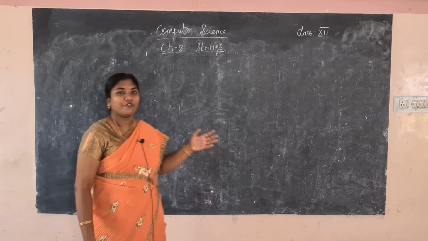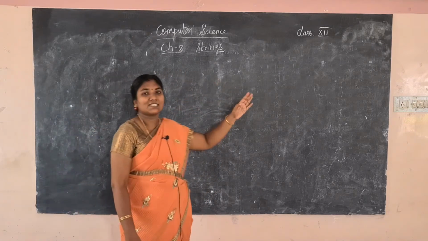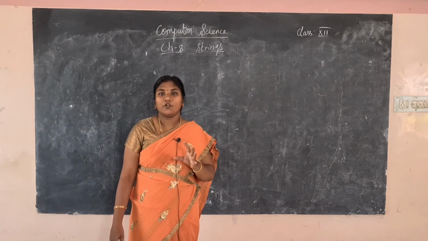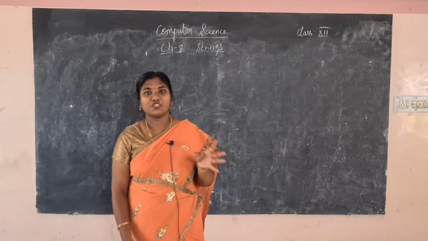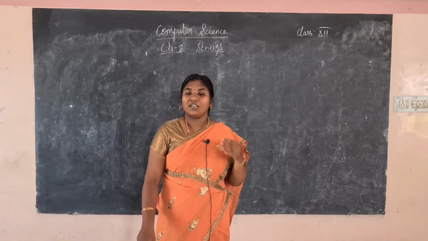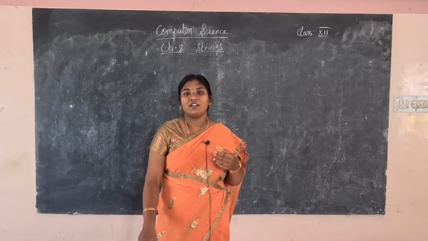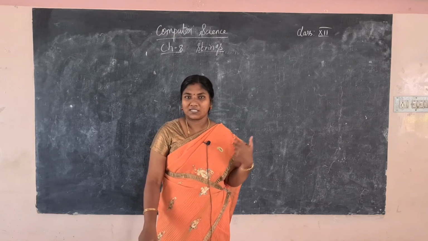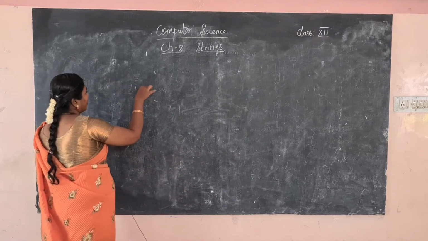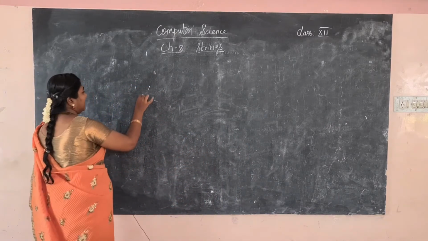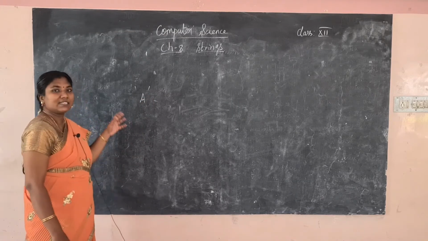Now we are going to see about strings, the general concept. You know very well what a string is. A string is a combination of characters. In the previous chapter, while learning the data types, you came across the string concept. If you want to give a character, it can be denoted within single quotes.